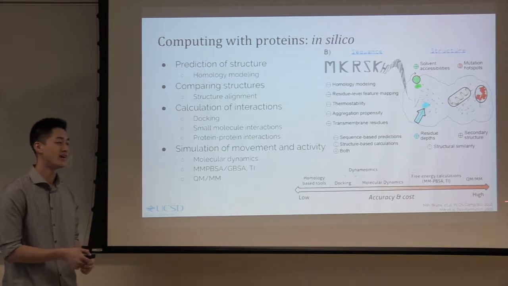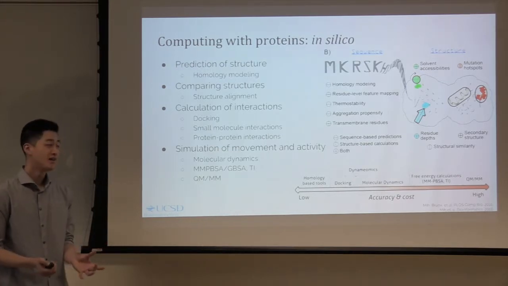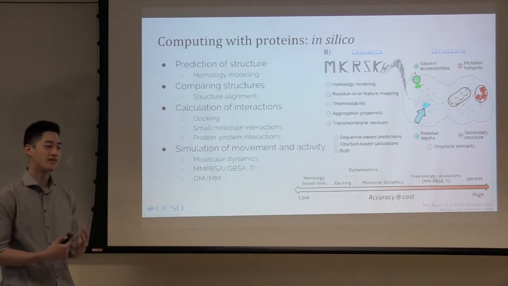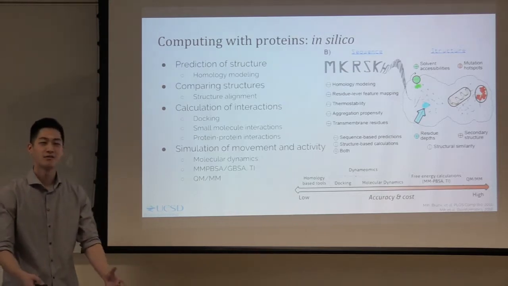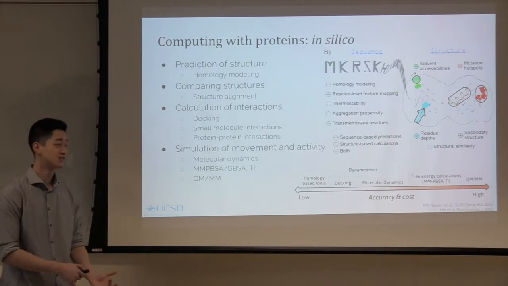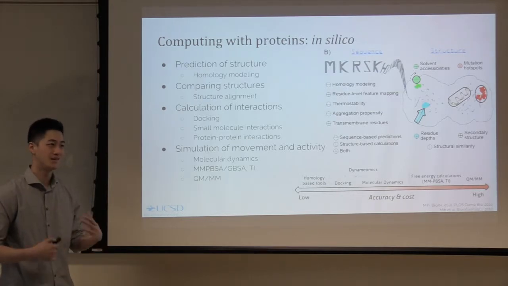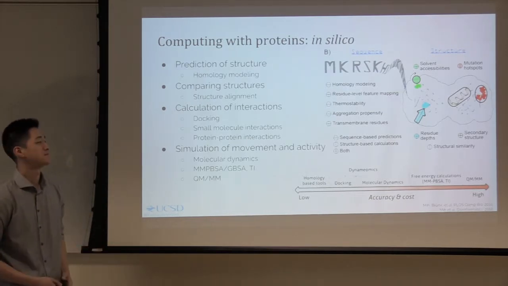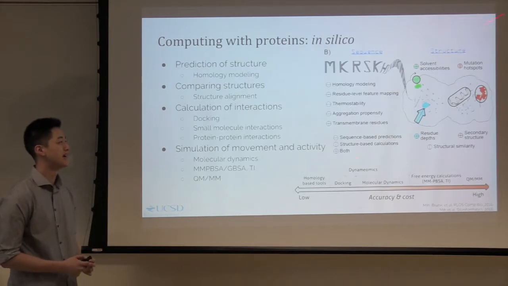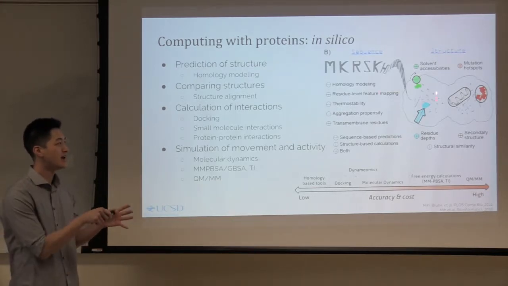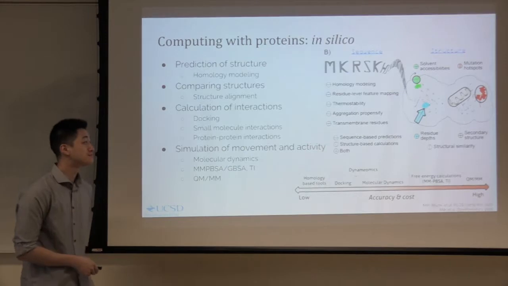So that's a very computationally expensive method, but very accurate. But in terms of using it for a whole cell to simulate all the reactions at once using the structure, that is still probably years off. And here's just a diagram of all these properties and what they look like on a structure.